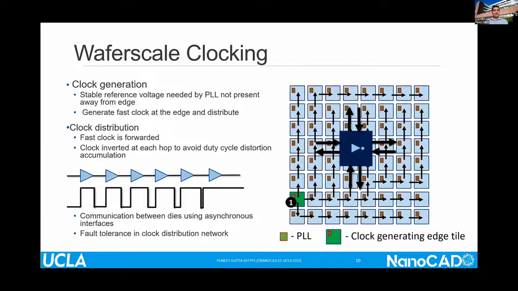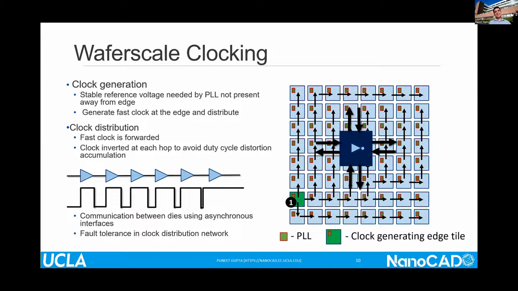Now, clocking is also interesting because there are two issues we have to face. One is clock generation itself. In a conventional small-scale system, chiplet or otherwise, you can put a PLL there. You can supply a stable reference voltage and a master clock relatively easily for the PLL to lock and generate a clock locally.